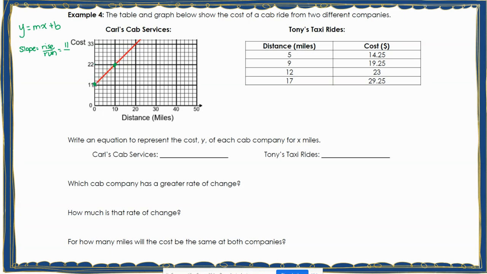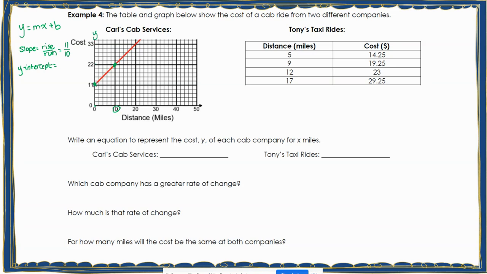And then to get from this point to this point, I would have started at 0 on my x, and I would have ended up at 10. So I had an increase because I went right from 0 to 10, and that is 10. So the slope for Carl is 11/10. Now, we also need the y-intercept. So remember, a y-intercept is where you intersect the y-axis.